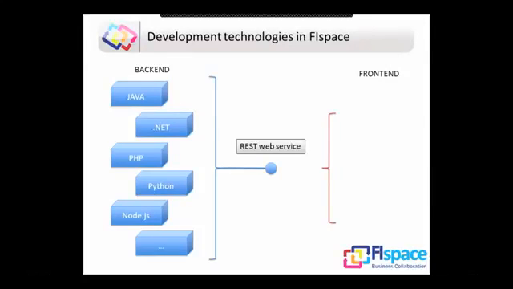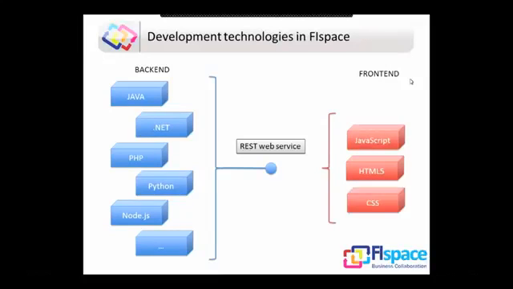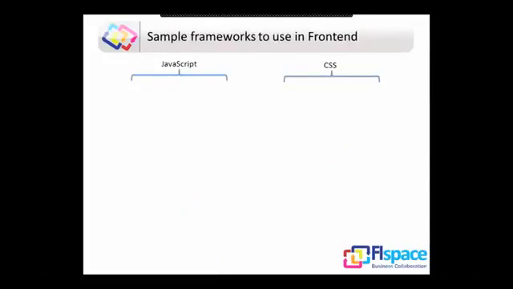Next thing, your front end. Okay, let's see what we can use here. You need to use HTML5, JavaScript, and CSS. In the end, a widget is a web page embedded into FISpace, and you connect to your web service. To make things easier, there are many frameworks around that you can use to speed up your application development in the front end.